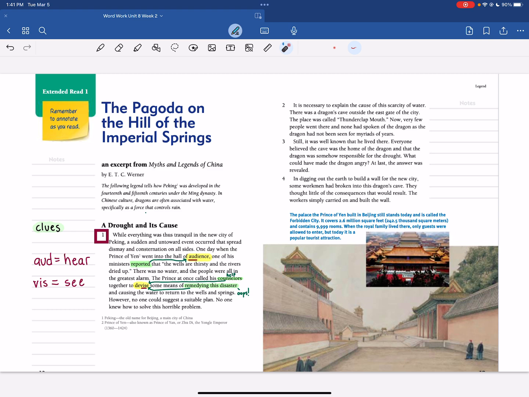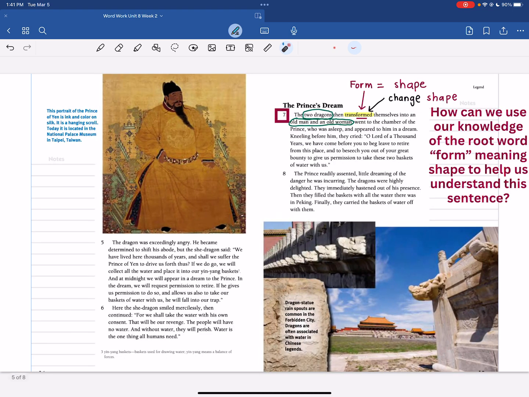We realized that odd means listen, and if ministers are reporting to a great hall, that probably means the audience's job is to listen, because odd means to hear. We saw viz, we saw how the root word form and transform literally tells us change shape, and that is the meaning.